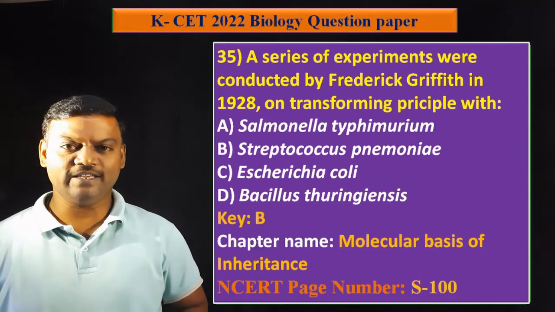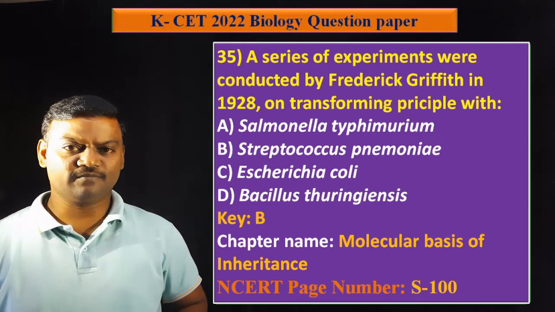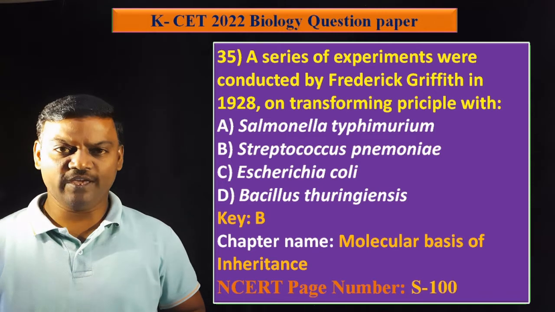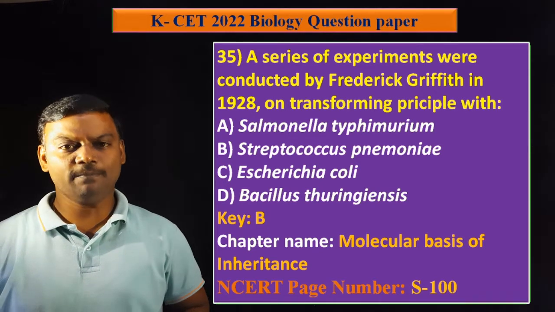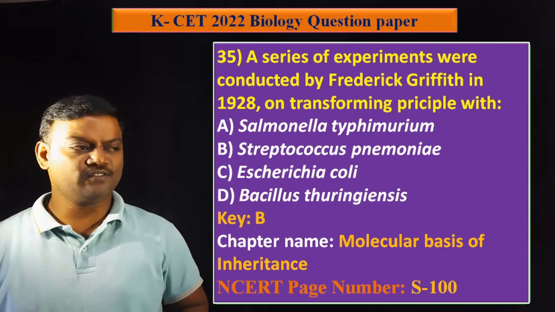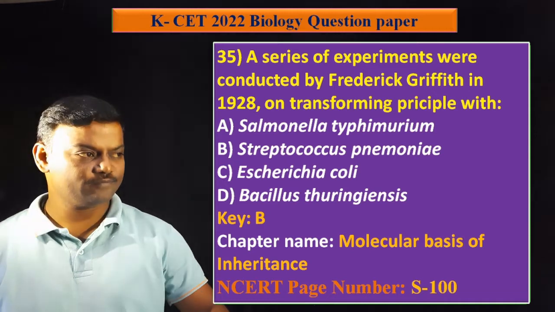The correct answer is option B. Frederick Griffith conducted several experiments on Streptococcus pneumoniae to discover the transforming principle. It is a question from Molecular Basis of Inheritance, NCERT, page number 100.